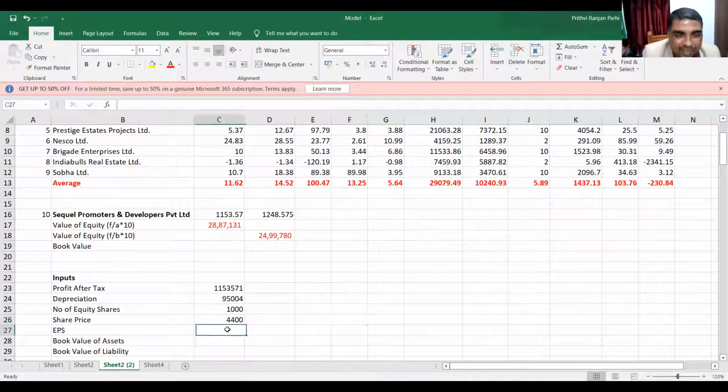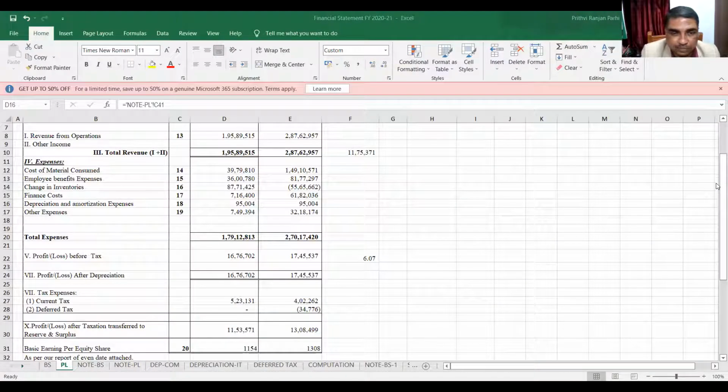Price per share. Then what is earning per share? If you refer to the company's financial statement, again I'm showing you, this is the basic earning per share. Are you getting it?